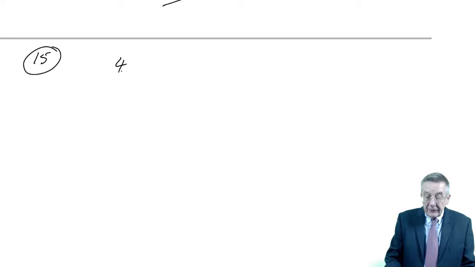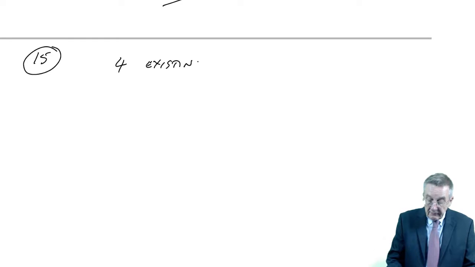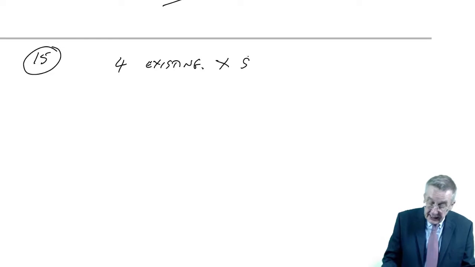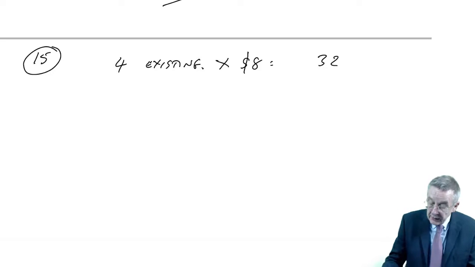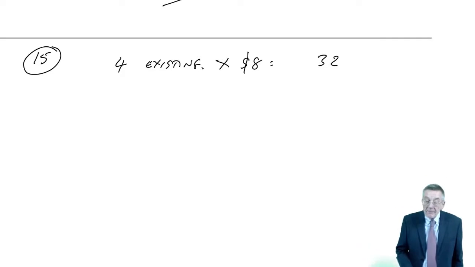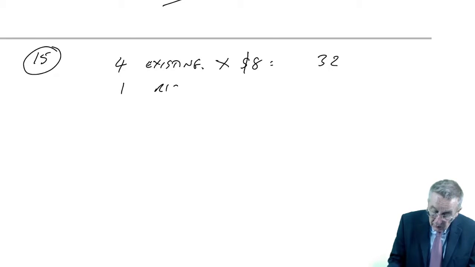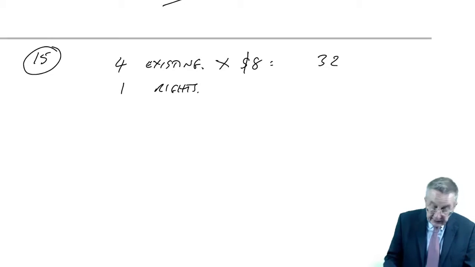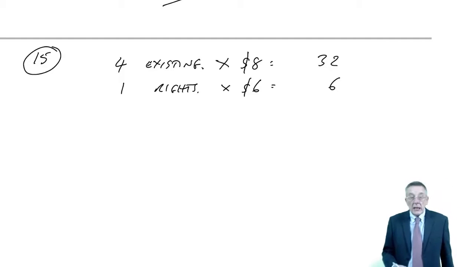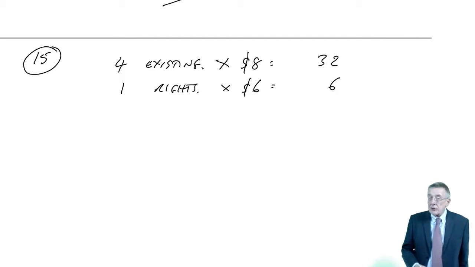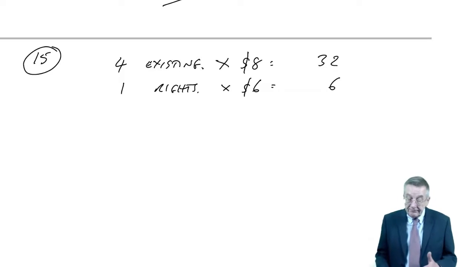So I say if somebody had 4 shares at the moment, the current market value of them is $8 each, so they'd be worth 32. It's a 1-for-4 rights issue, so they could buy 1 more, and they'd have to pay $6. And so the theoretical ex rights price must be such that there's no gain, no loss.